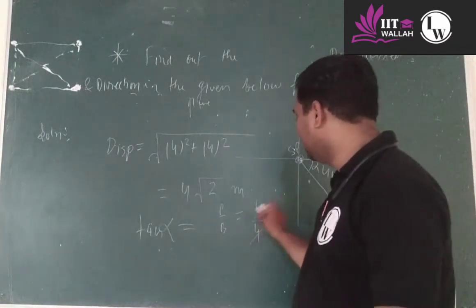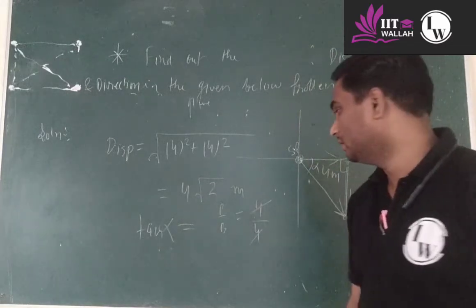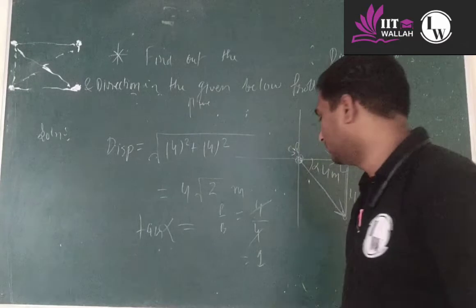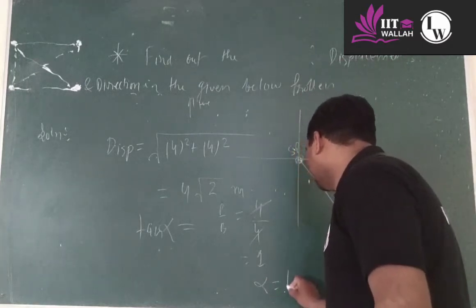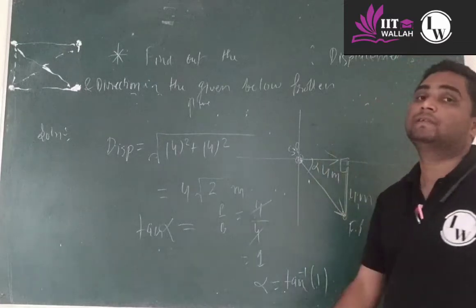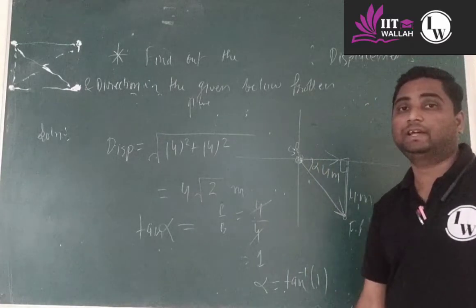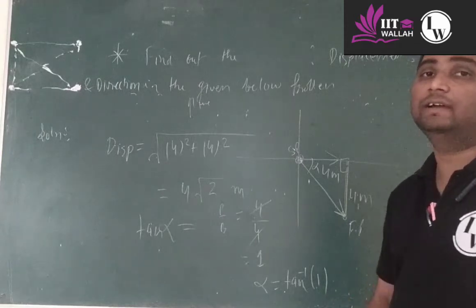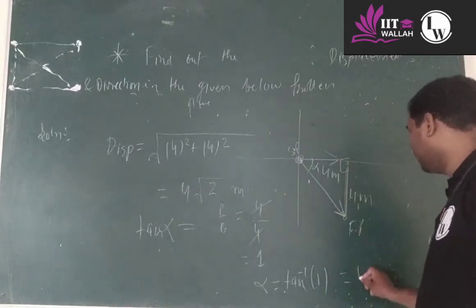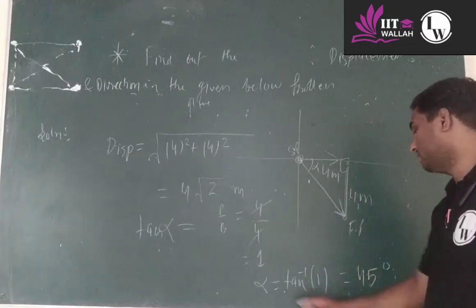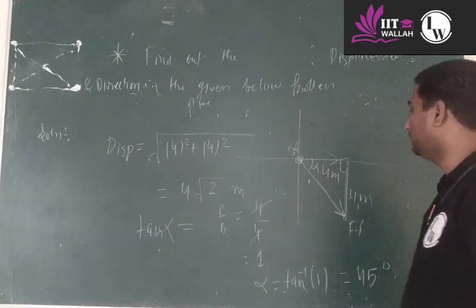So this will cancel out, and this will come 1. So alpha is equal to tan inverse 1, and the value of theta at 1 for tan theta comes at 45 degree. So alpha is equal to 45 degree.